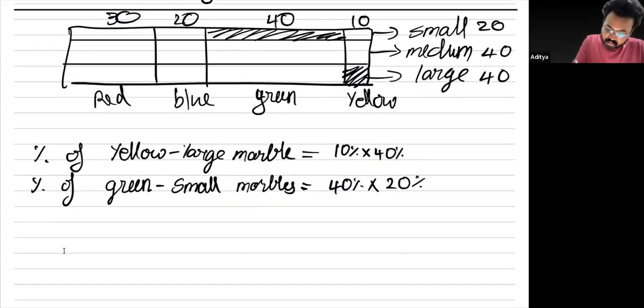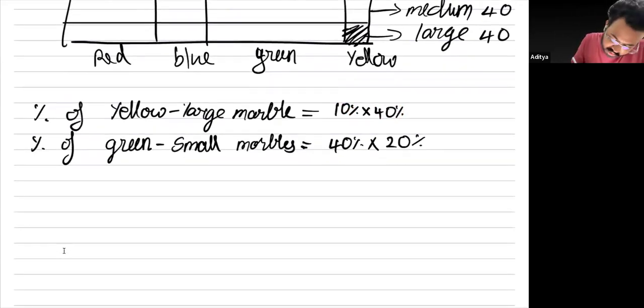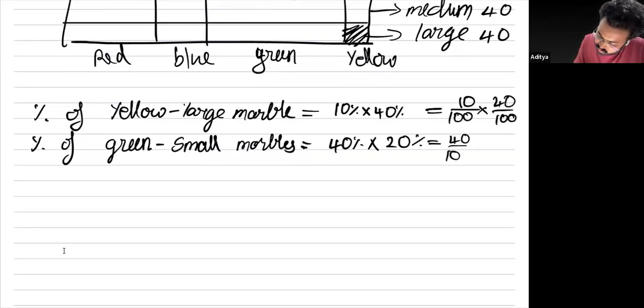Now remember, this multiplication of percentages is not like direct multiplication. That percent symbol carries with it a 1/100. So you have to keep that in mind while solving it. So this is 10 by 100 times 40 by 100. And this is 40 by 100 times 20 by 100.